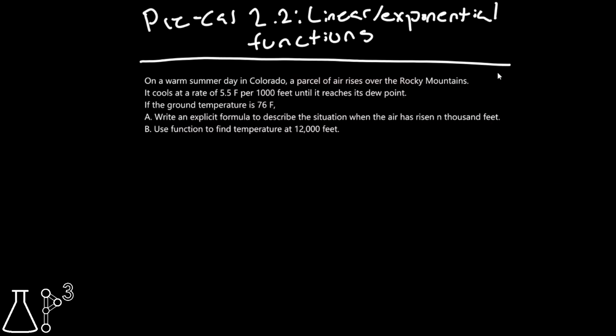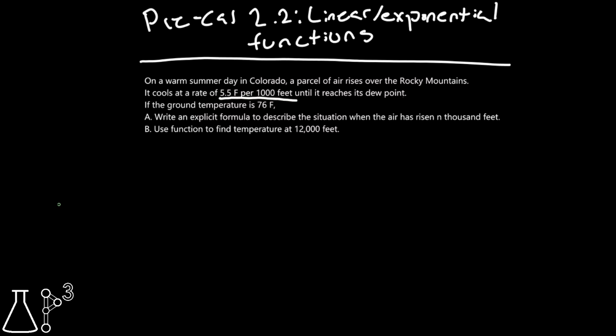All right, so let's try this one problem here. On a warm summer day in Colorado, a parcel of air rises over the Rocky Mountains. It cools at a rate of 5.5 Fahrenheit per 1,000 feet. Now, I'm already going to stop right here. Whenever I see Fahrenheit per feet, or literally any unit per any other unit, this sounds like slope to me.